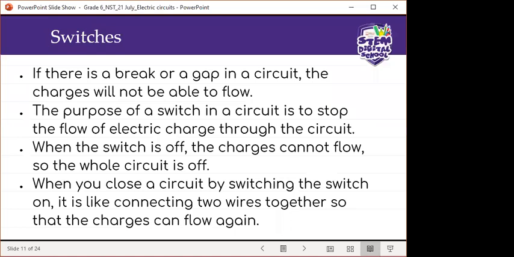Does anyone want to read to us what their textbook or the notes that they have in front of them say about switches? Anyone? Nobody? You can raise your hand if you want to share what your textbook says about switches. All right, I see your hand is up.